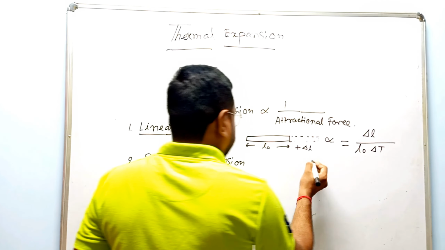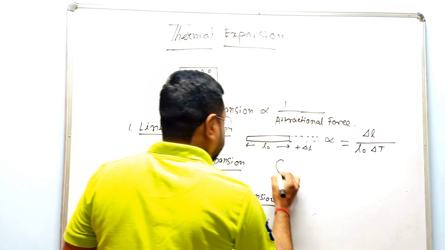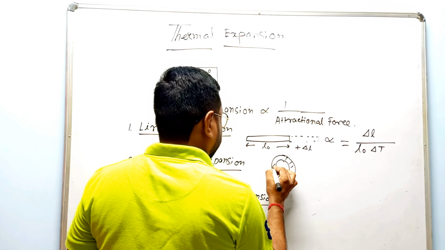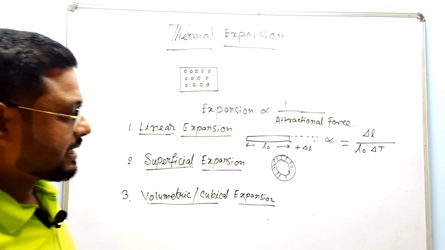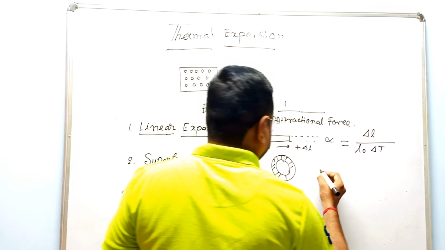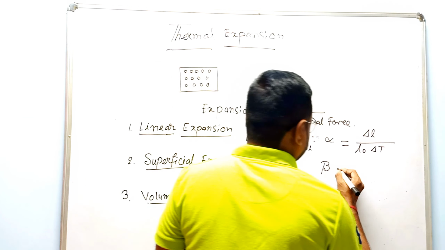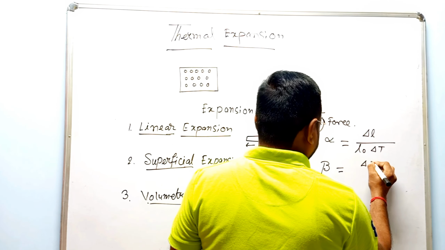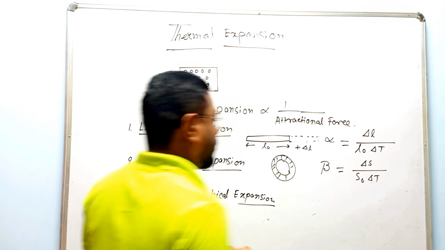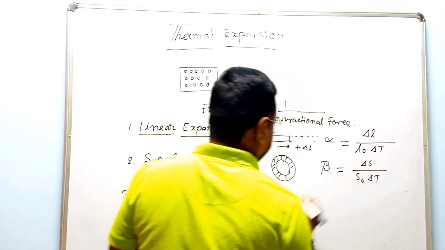Again, suppose this is a plate or disc; if it is heated, then its area is increased. So the coefficient of superficial or areal expansion is given by beta equal to delta S divided by S0 delta T, where S0 is the initial area at 0 degree centigrade.